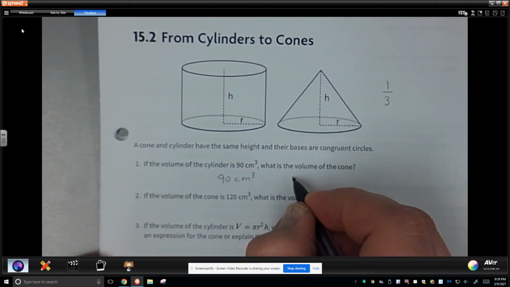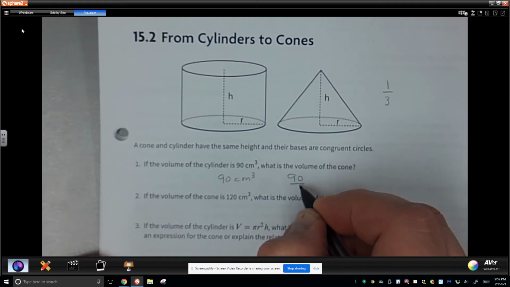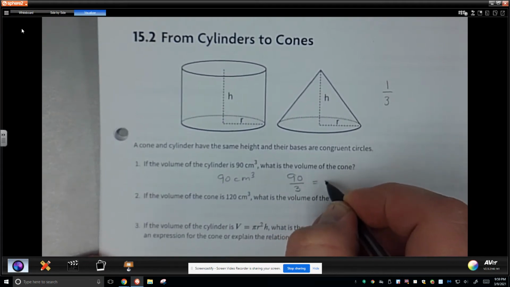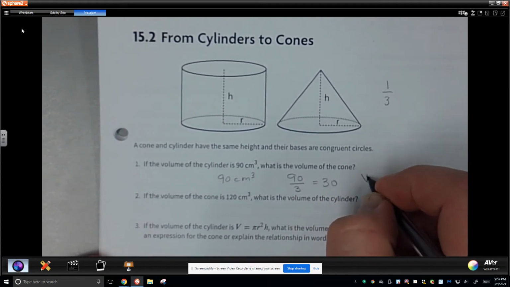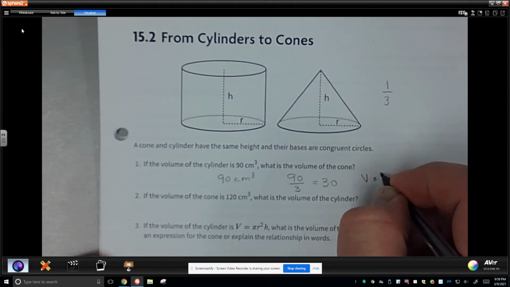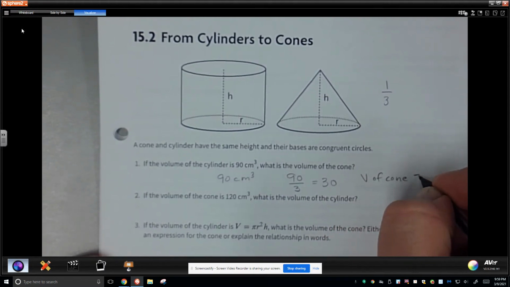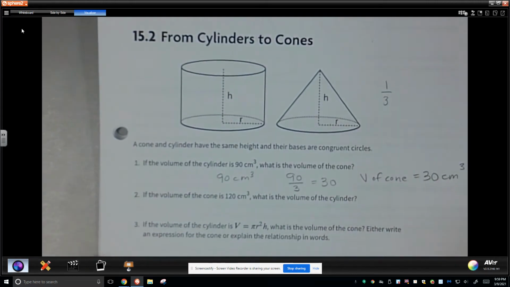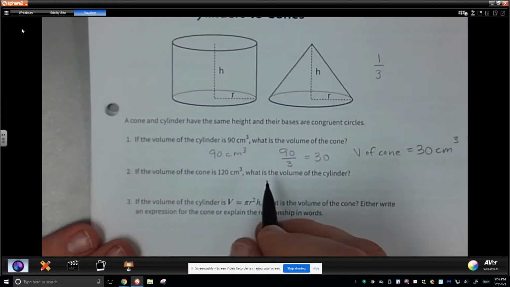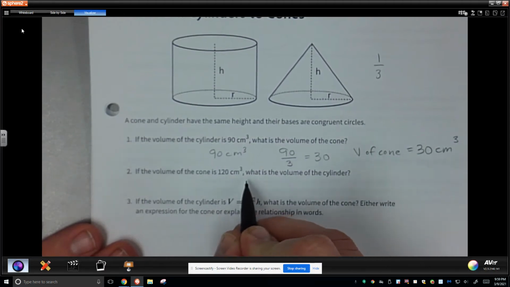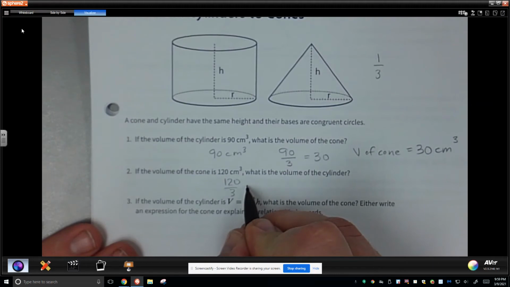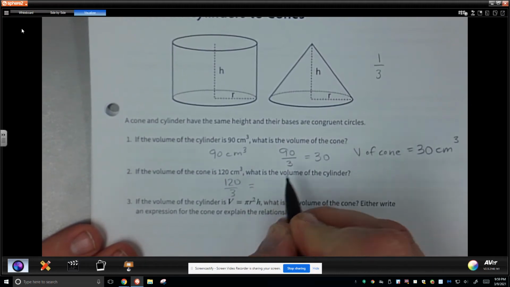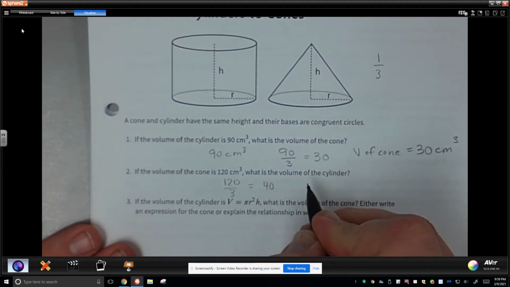Well, if we take that, we go 90 divided by 3, we end up with 30. And so the volume of the cone is equal to 30 cubic centimeters. And if we're talking about the volume of a cone is 120 cubic centimeters, we want to take that 120 and divide it by 3, which means that we're going to get 40 cubic centimeters.